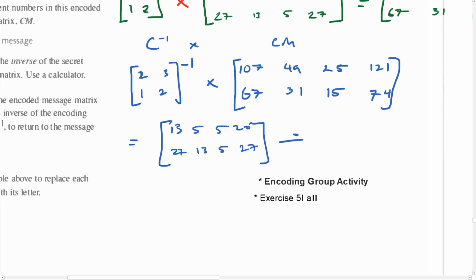And then we decode it, and it becomes, remember 13 was M, 5 was E, 5 was also E, 20 was T, 27 was a space, 13 was M, 5 was E, 5 was an E, and then 27 was a space. So there's the message, meet me.